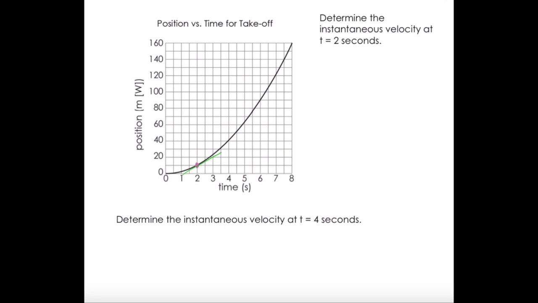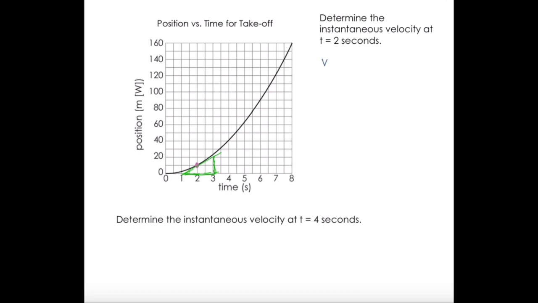And so if we were to go through this, our tangent line, we can use this as our triangle here. We have to find the slope of that tangent line.